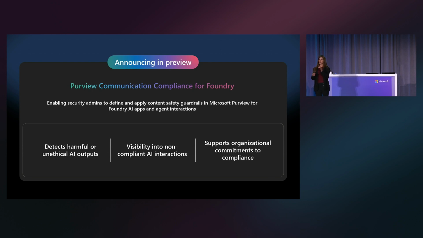Second, when you enable that, you get the bunch of benefits that I showed you earlier in Purview. And the third is this Purview communication compliance policy for Foundry. This is a shift because it now allows you to detect and have compliance visibility into these interactions that are happening with the agents. And so it can support your organizational commitment to compliance.